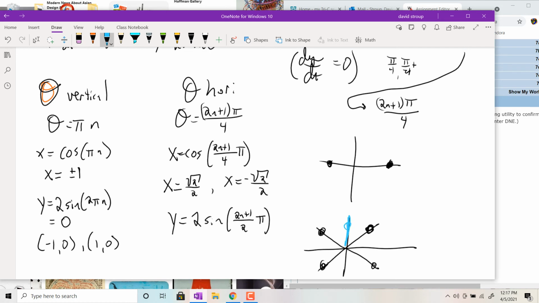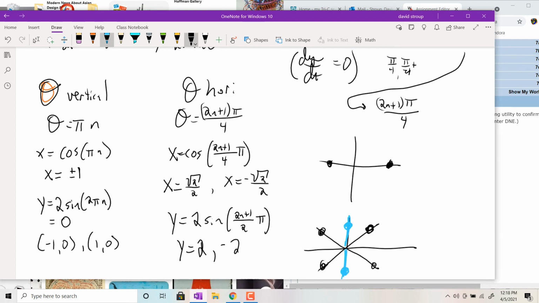They're always going to be on the y-axis, up here and down here. So that's going to give you positive 1 and negative 1, but it'll be times 2, right? So you get 2, and then we have -2. And so what you're getting are basically 4 versions depending on where you are.